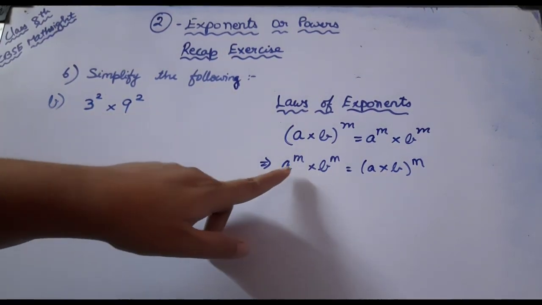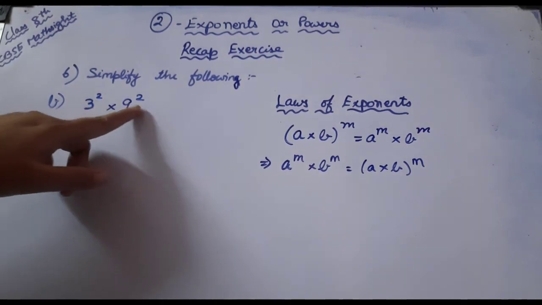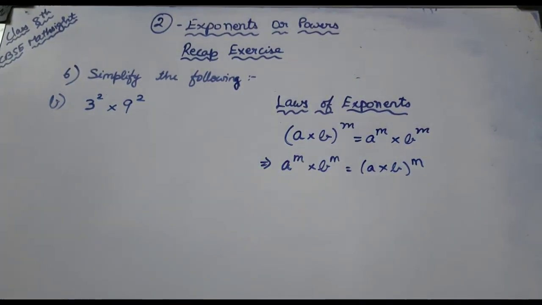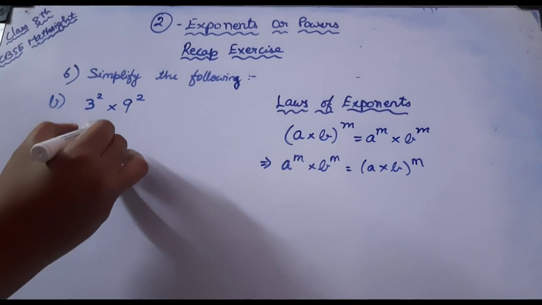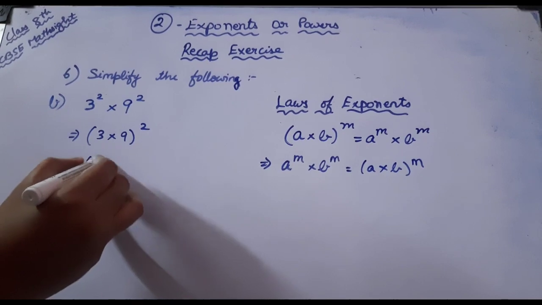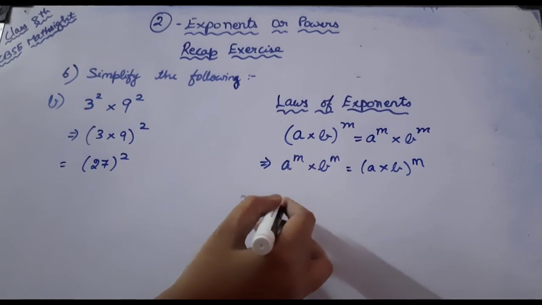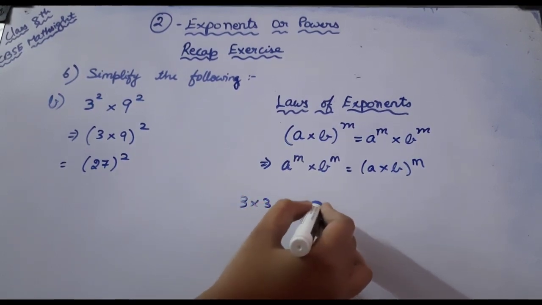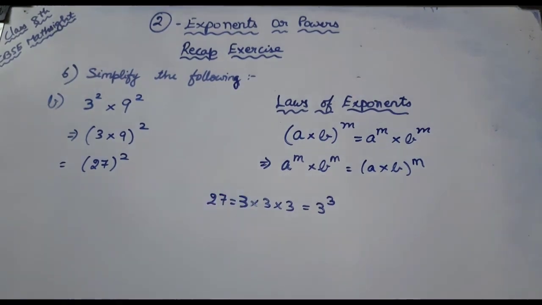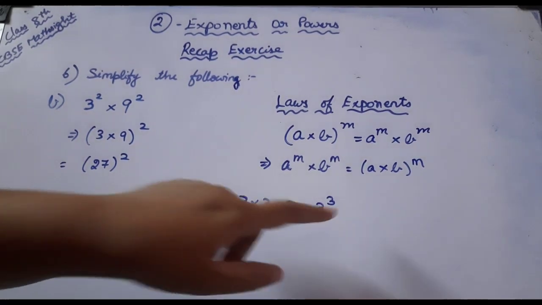Here also we have a to the power of m into b to the power of m format, which is the same power with different base. So we can multiply the base and write the power as a whole. We can write this as (3 into 9) whole square. 3 9s are 27, whole square. 27 can be written as 3 into 3 is 9, 9 3s are 27, so 3 cube.